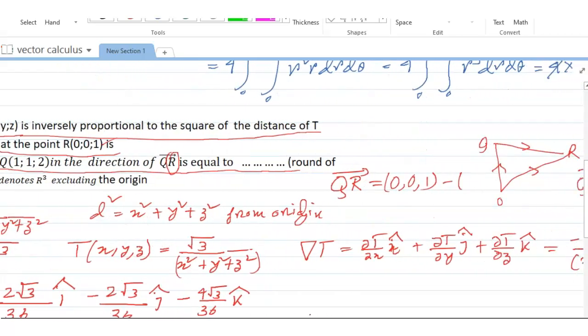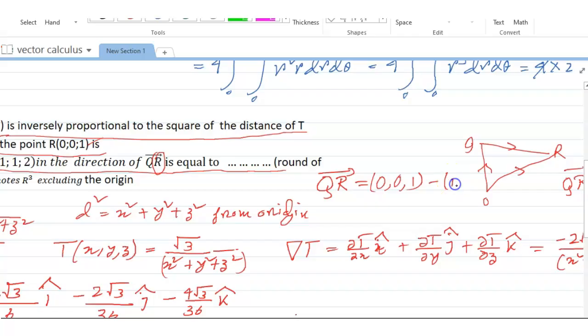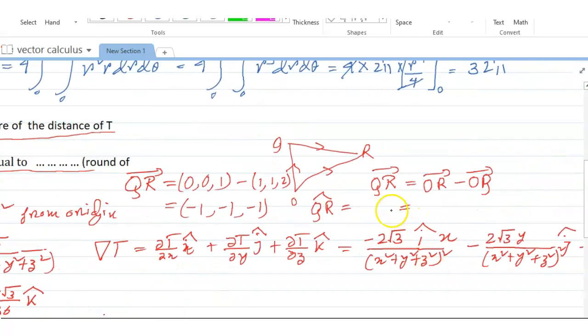OQ value is (1, 1, 2). So QR is (minus 1, minus 1, minus 1), and the unit vector QR is equal to 1 by root 3 times (minus i minus j minus k).